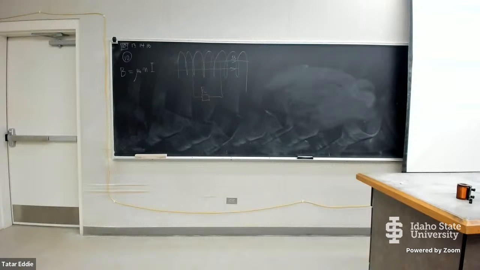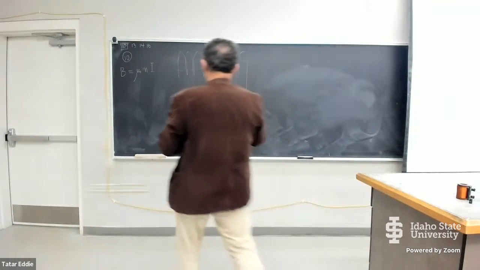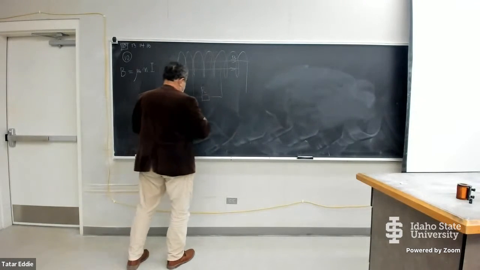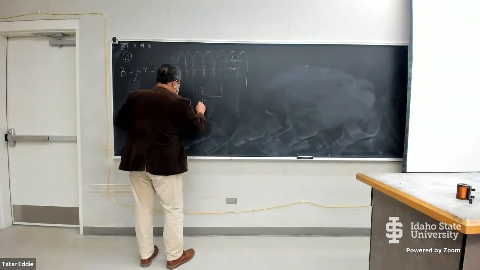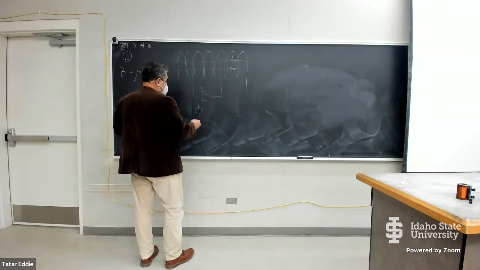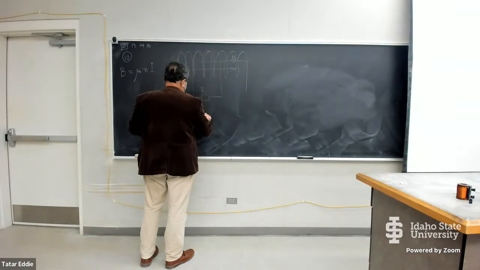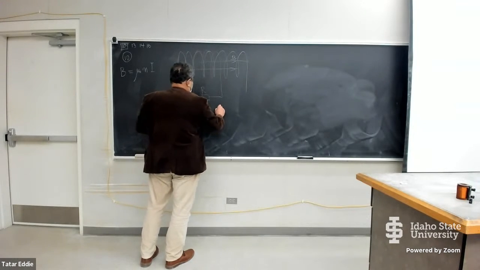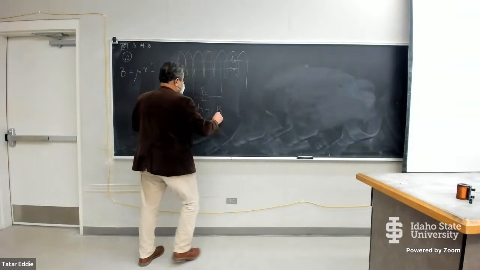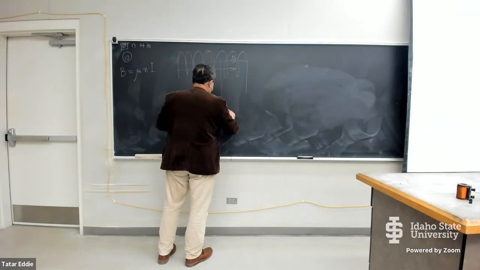So the original magnetic flux in the red solenoid is this. Magnetic flux in the red solenoid, call it phi magnetic, let's say, is whatever is the magnetic field multiplied by the area.